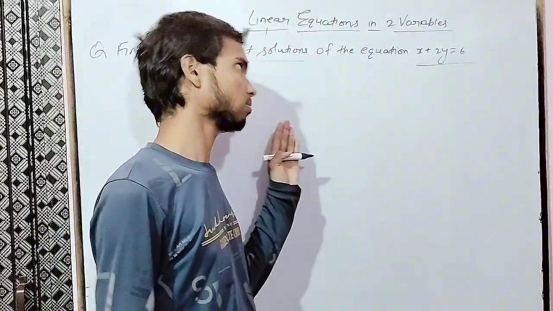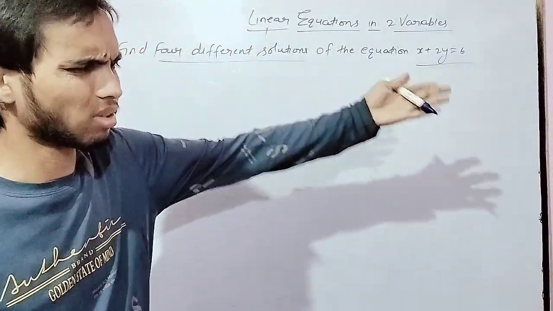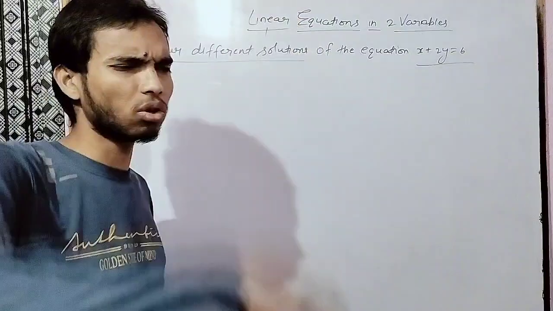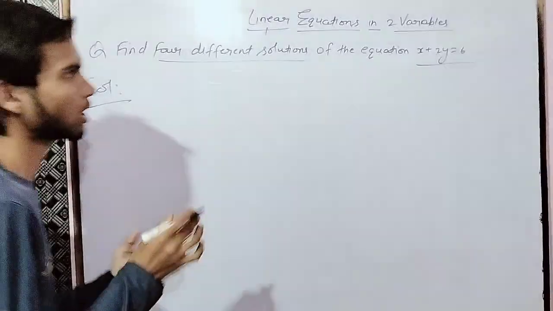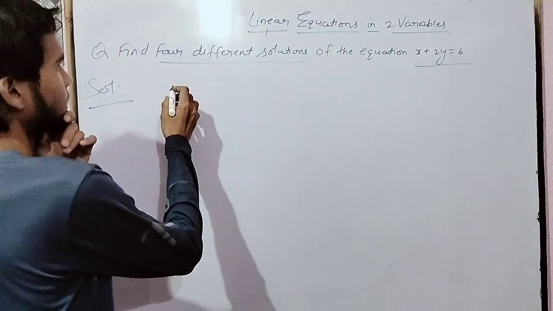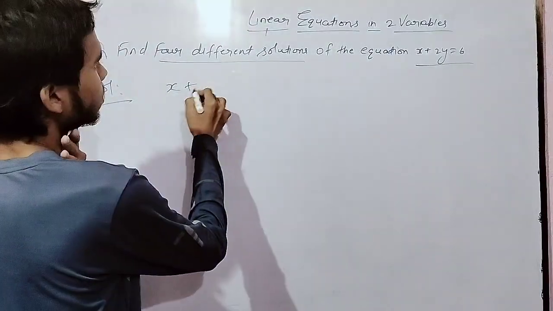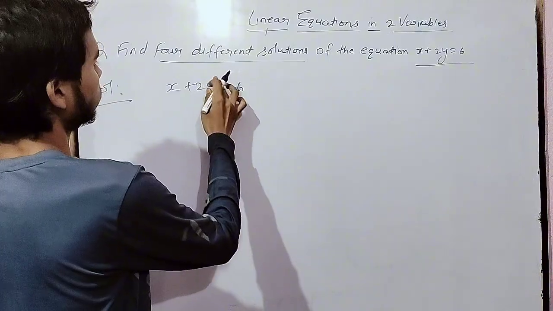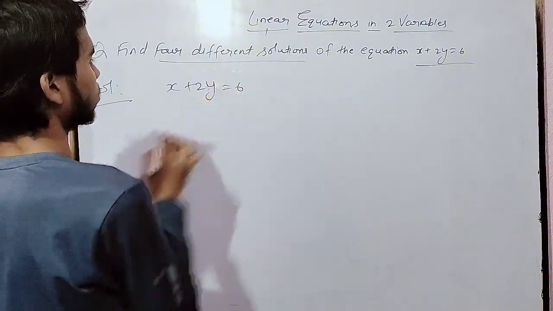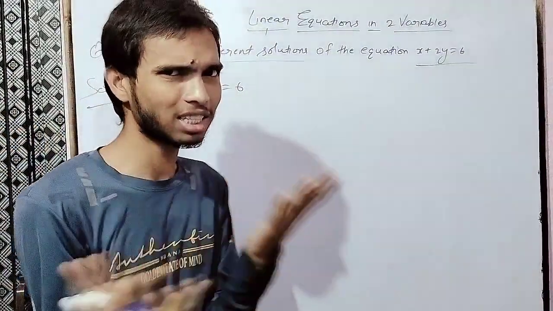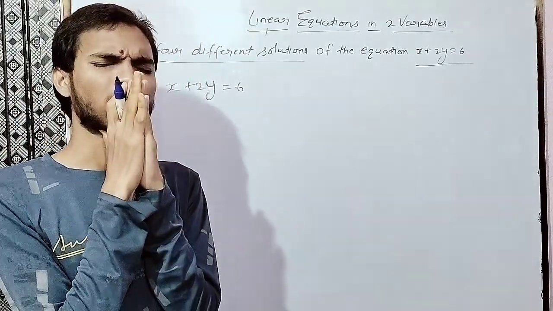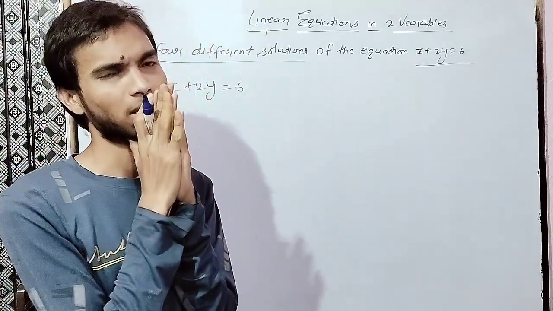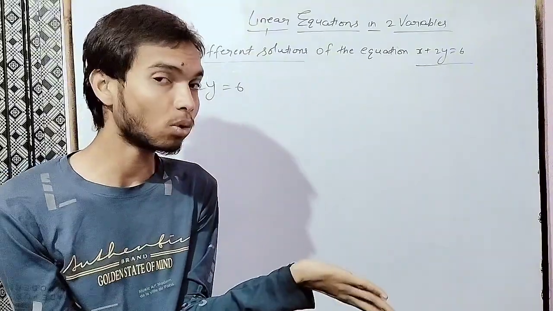That's why it is possible to find four solutions of a given linear equation. So we are going to solve. We are given a linear equation: x plus 2y is how much? 2.